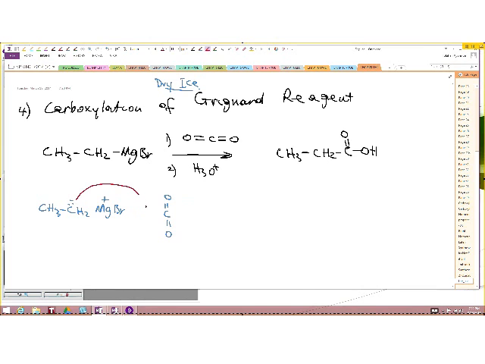The problem with Grignard is it reacts with everything. So you have to be very careful. If you are not careful enough, your reaction will not go, because it reacts with air, it reacts with carbon dioxide, it reacts with water, and all of those things are present in the air. So when you do your reaction in the lab, the first thing you want to ensure is to make sure there is no air in your flask, because if you have any kind of air in your flask, it will not work.